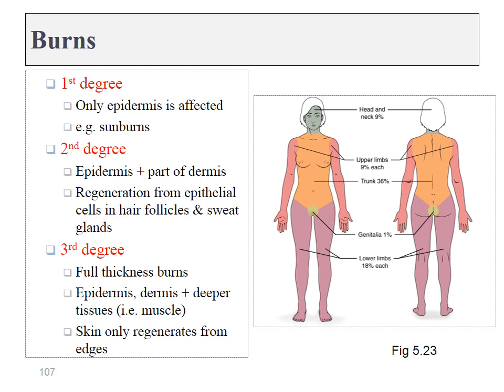A third-degree burn completely damages even those epithelial cells way down deep in the dermis. This type of burn could only regenerate from the edges, and therefore a large one especially would require a skin graft to help speed up this process.